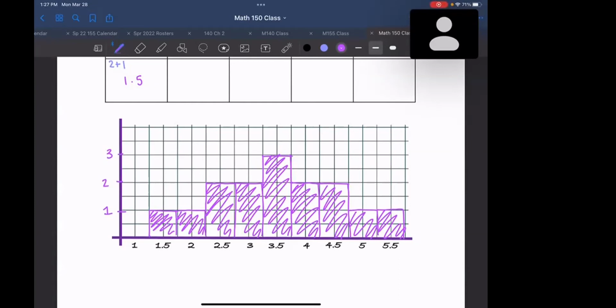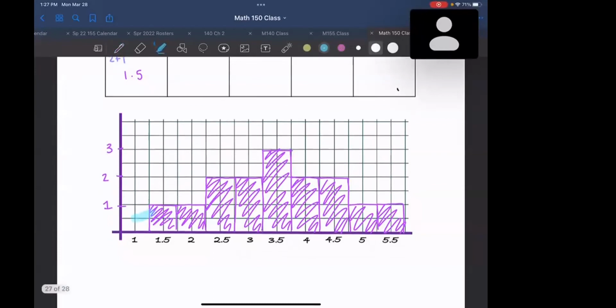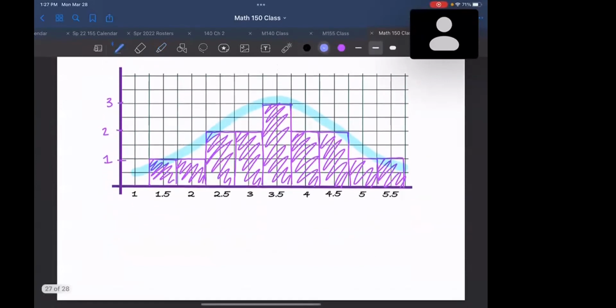The bell curve, right? Let me try to make this a little bit easier to see here. Let's just say I took a highlighter and tried to draw a line that best represented this data. It would kind of look like the bell curve or the normal curve, right? So this definitely looks like the normal curve or the bell curve.